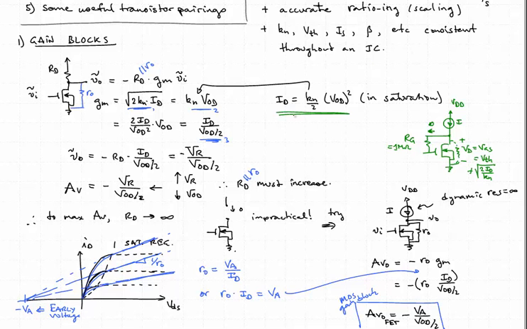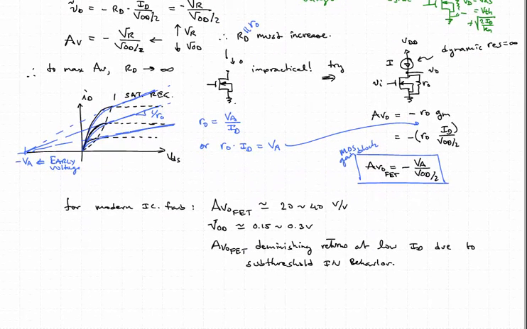This breaks down at sub-threshold voltages. So in other words, we are limited in the maximum gain that we can achieve with the MOSFET gain block.